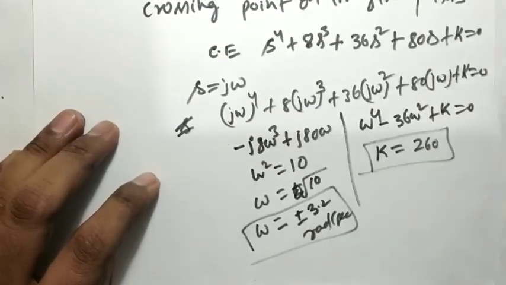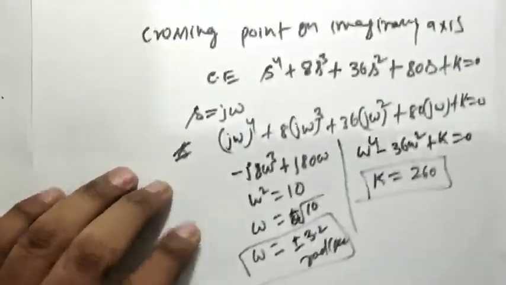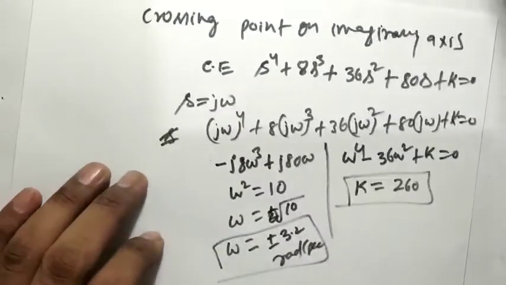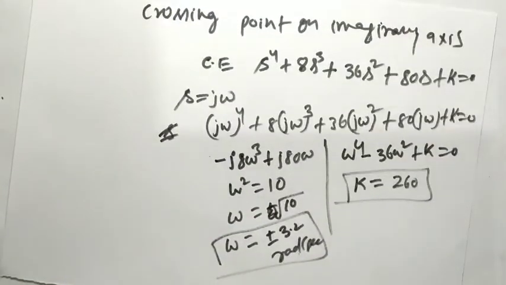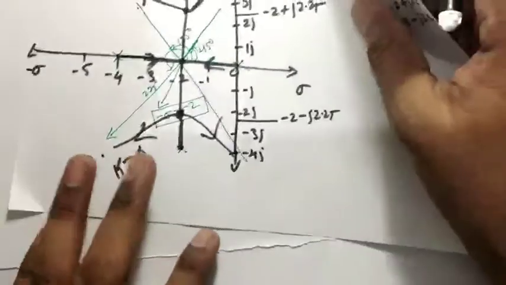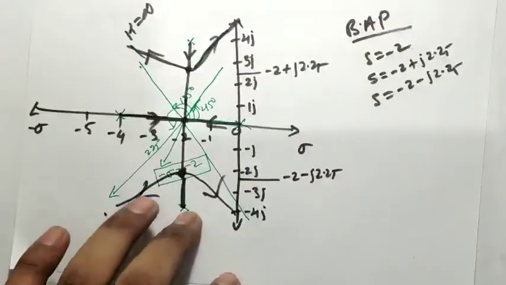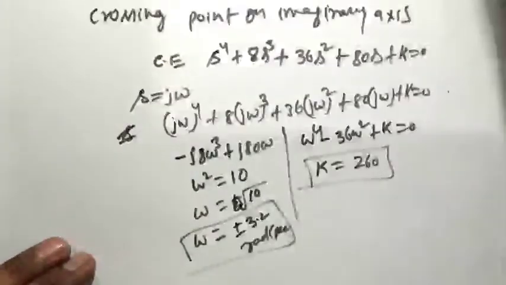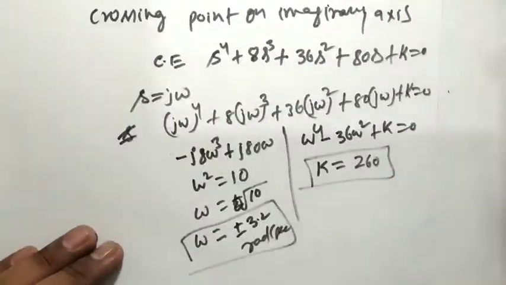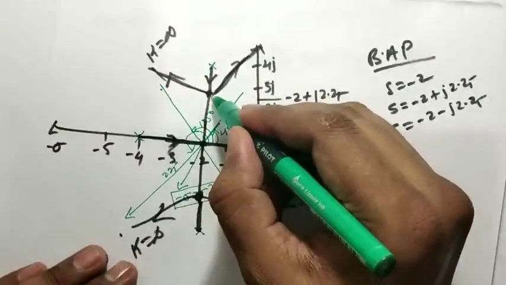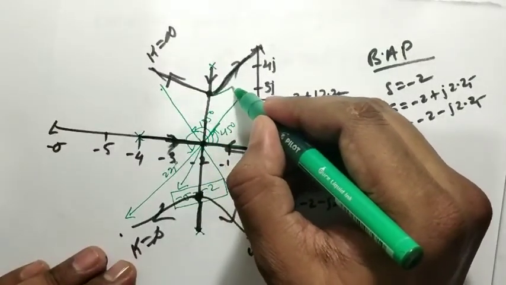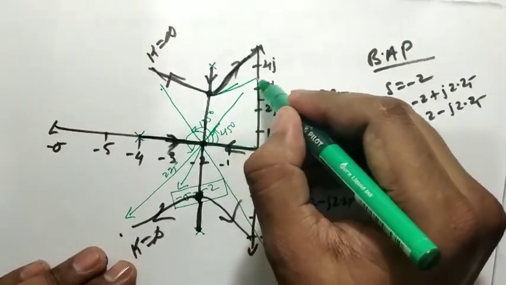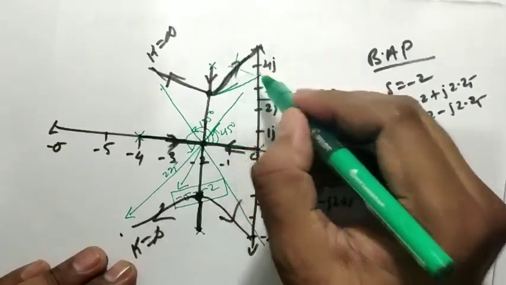Okay. So in this diagram, omega is equal to 3.2. It means this is going from here, not in this direction.